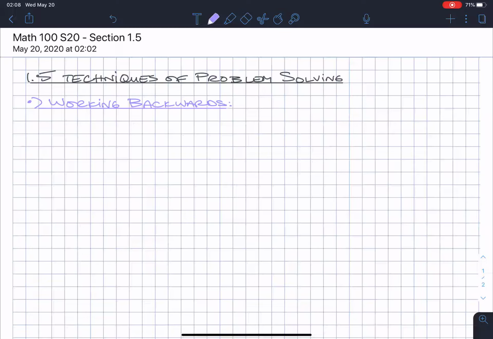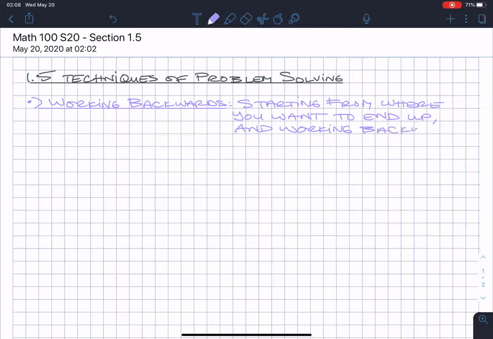This is starting from where you want to end up and going backwards with respect to what's given.